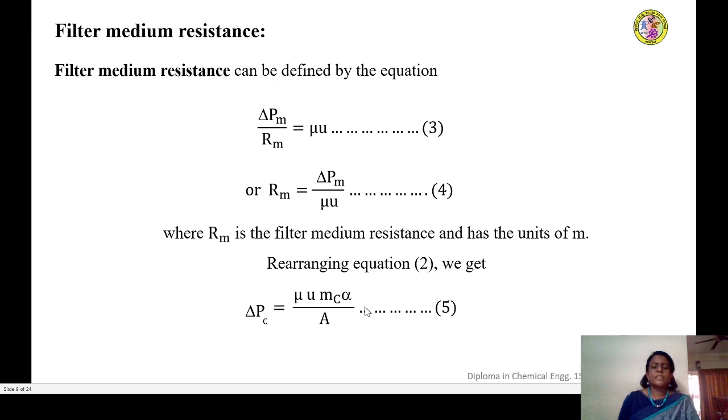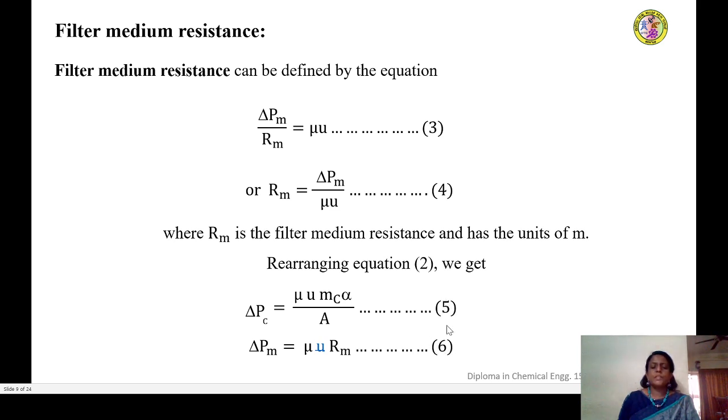If we rearrange that equation to get an equation for delta Pc, it becomes delta Pc equals mu U mc alpha by A. You all know what these terms stand for in equation number 2. Now call this equation number 5. The delta Pm equation can be obtained by rearranging equation number 3. Accordingly, delta Pm is equal to mu U Rm. Call this equation number 6.